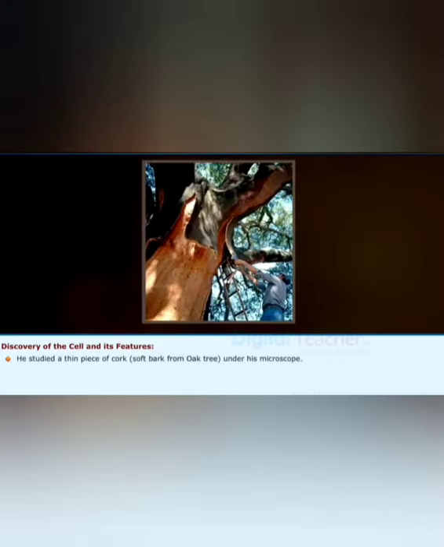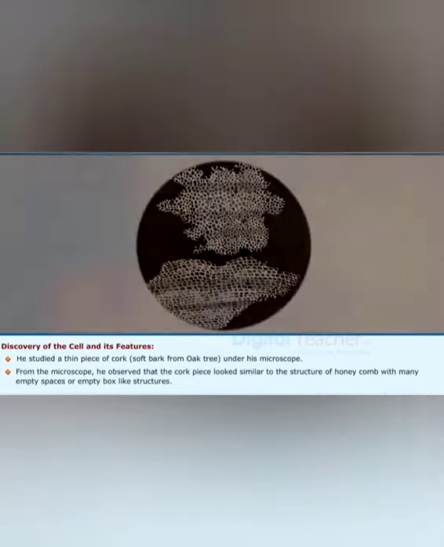He studied a thin piece of cork, soft bark from oak tree, under his microscope. From the microscope, he observed that the cork piece looked similar to the structure of honeycomb with many empty spaces or empty box-like structures.